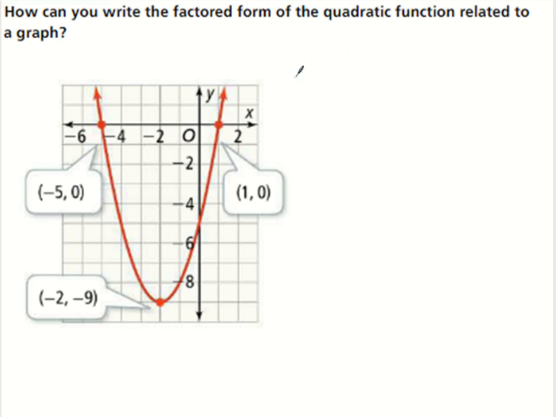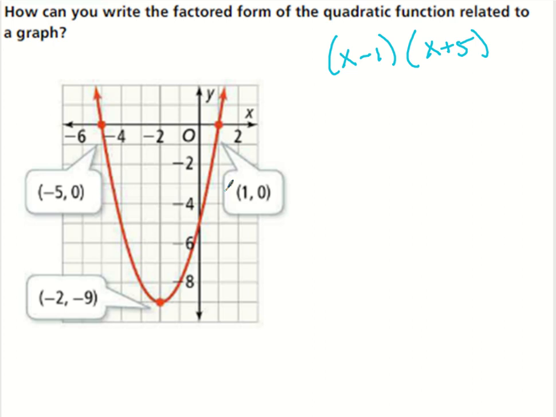So what I know is that we have negative 5 for a solution and 1 for a solution. Because it's positive 1, I know that means it has to be x minus 1, and that has to be x plus 5. Because if I subtract 5 from both sides, it'll give me an x-intercept of negative 5. If I add 1 to both sides, it'll give me a solution of positive 1.